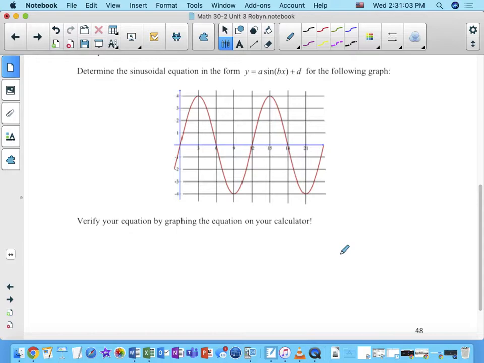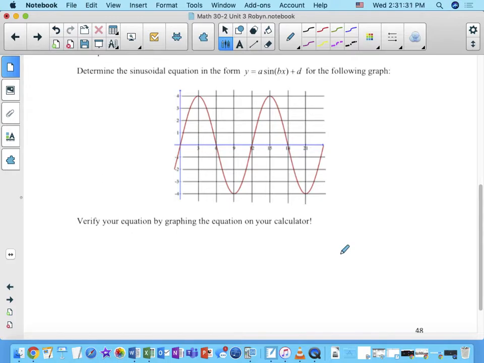Verify your equation by graphing the equation in your calculator. Okay, so this is always a good idea. We're not going to do this today, but you guys can obviously do this yourself. And when you are thinking about doing this, you have to remember 3 parameters that relate to 3 things: amplitude, median, period. So when you're analyzing your graph, you need to look for those 3 things. Okay?